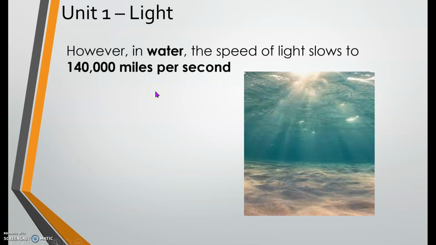However, in water, the speed of light slows to 140,000 miles per second. So we already know that when the light travels in water, it becomes slower. How many miles per second does light travel in water? Very good, 140,000 miles per second.